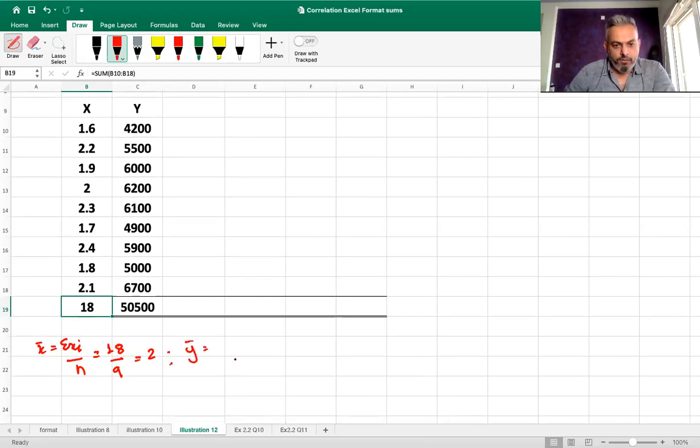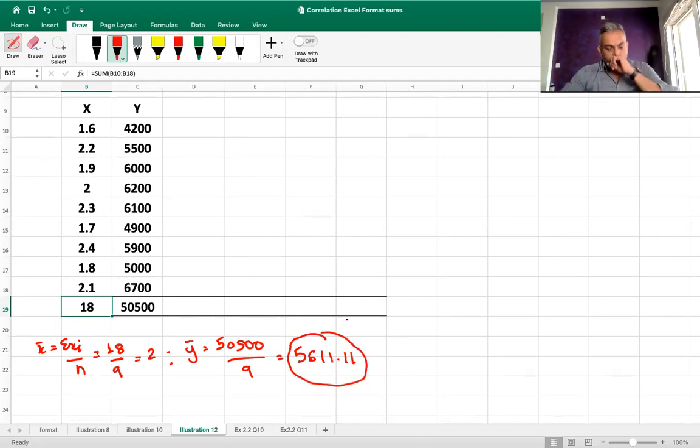Y bar is equal to 50,500 upon 9. Keep calculators with you. So 5611.11. Now, as you can see, this is in fraction.